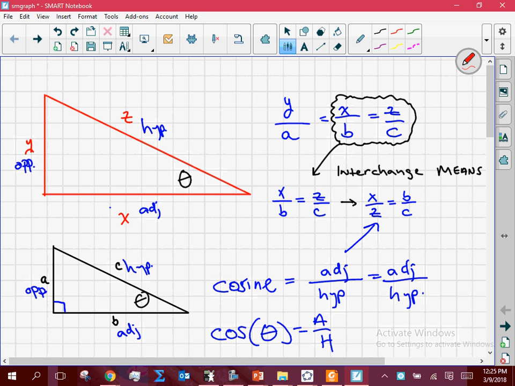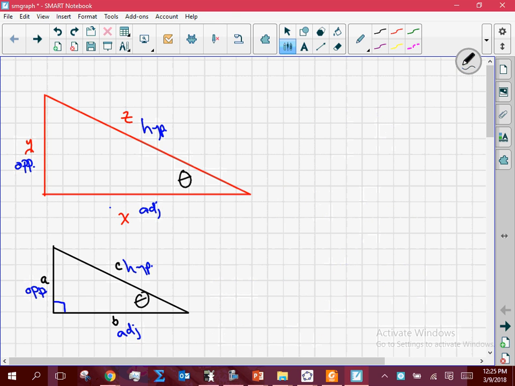Okay. Now, I want to hopefully make an argument with you that makes sense. Yesterday we said sine of theta was opposite divided by hypotenuse, right? Just now we made the argument that cosine of theta is adjacent divided by hypotenuse, correct?